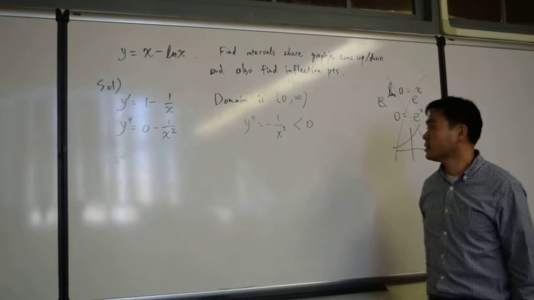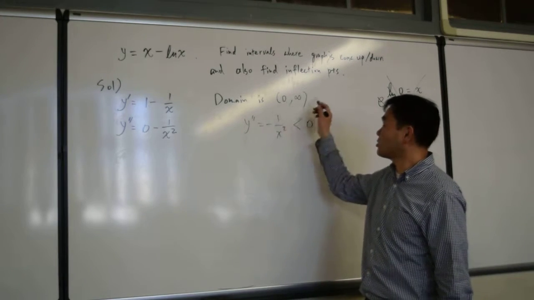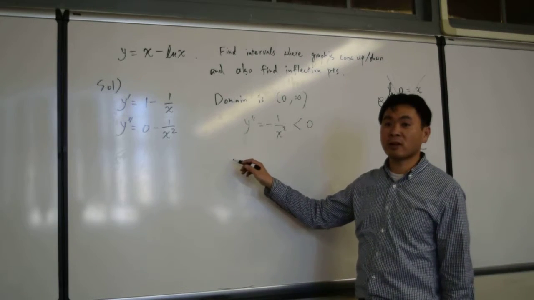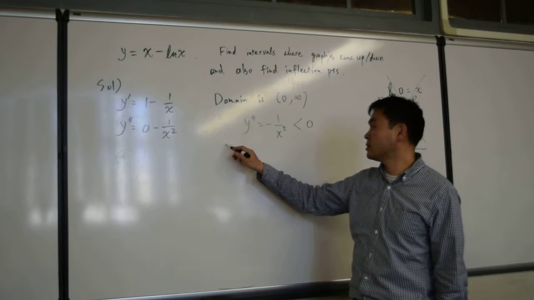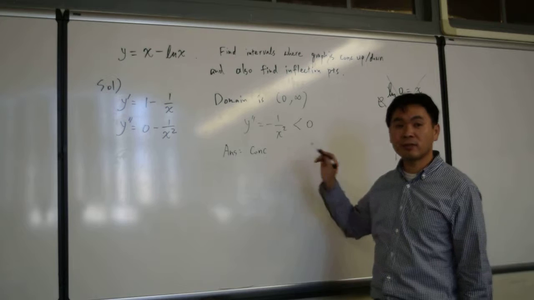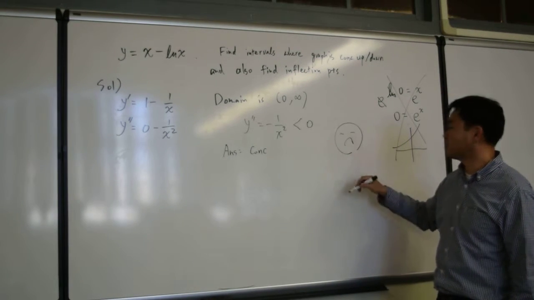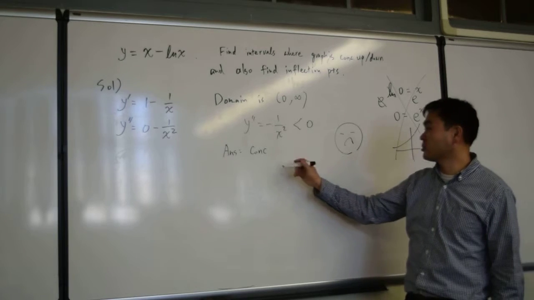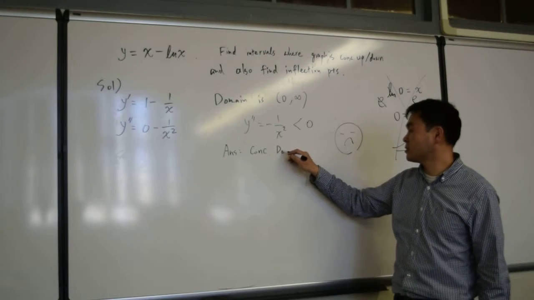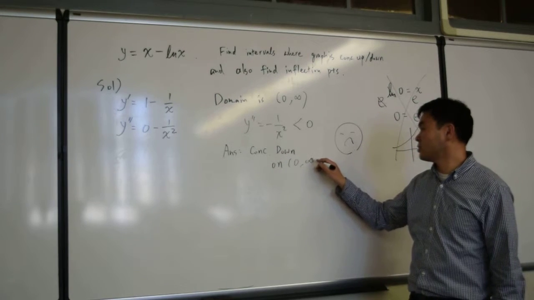It's negative, right? If it's always negative on the domain, what do you know? Concave up or concave down? Concave down. Something is pushing from below. Concave down on 0 to infinity.